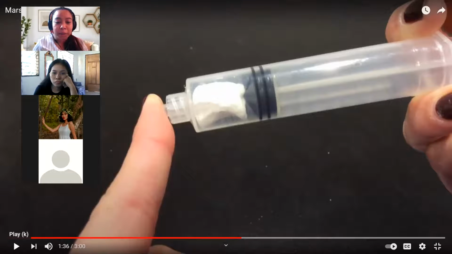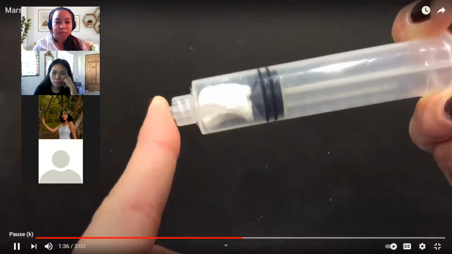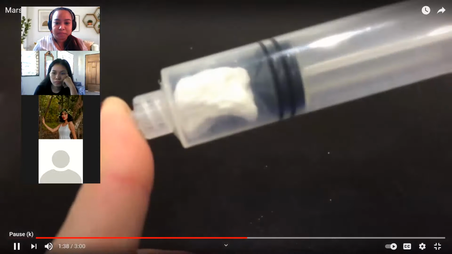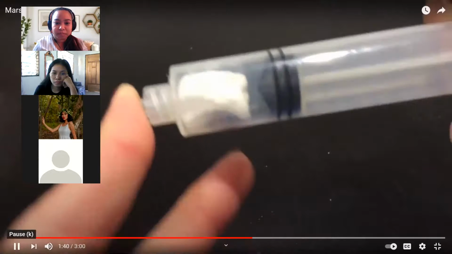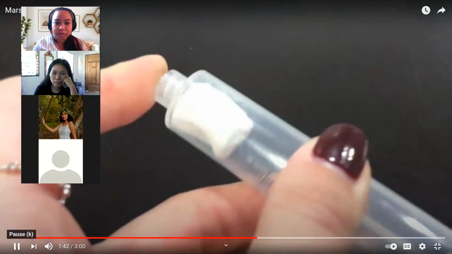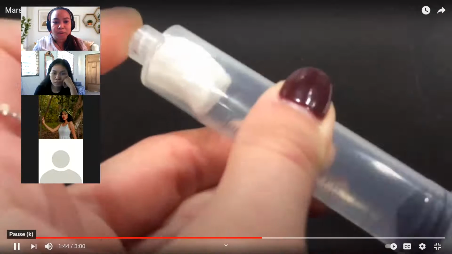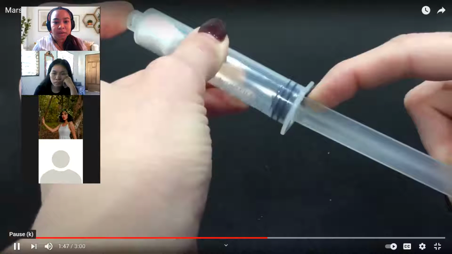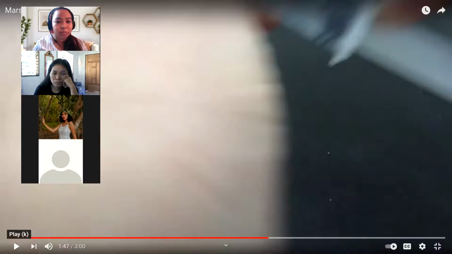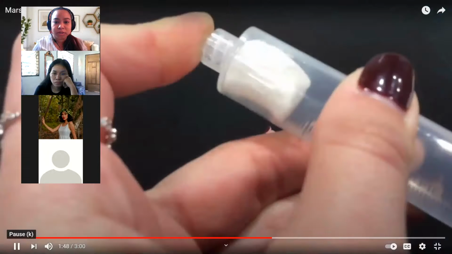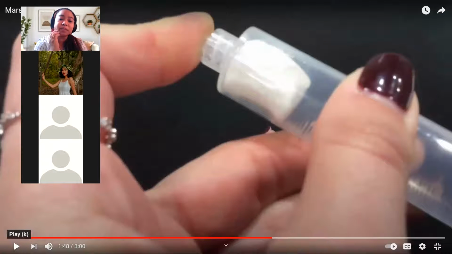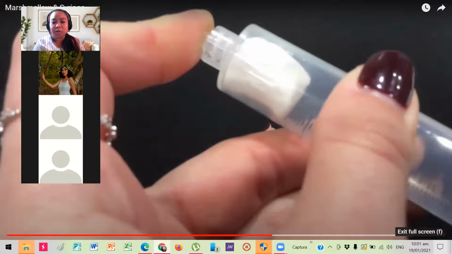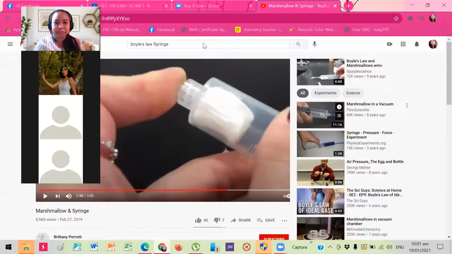So, compare to iyang gibirang plunger, what happened kung pull backward? What happened to the marshmallow? Ibalik siya sa iyang pan. Okay. So, with that, ako na siyang tanggalan kay mura na siya kung purpose.